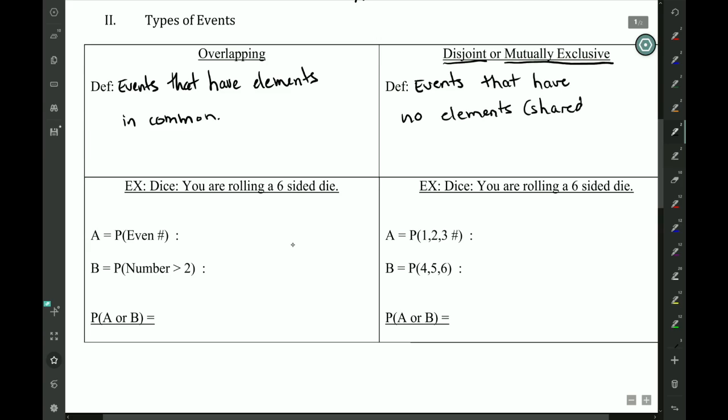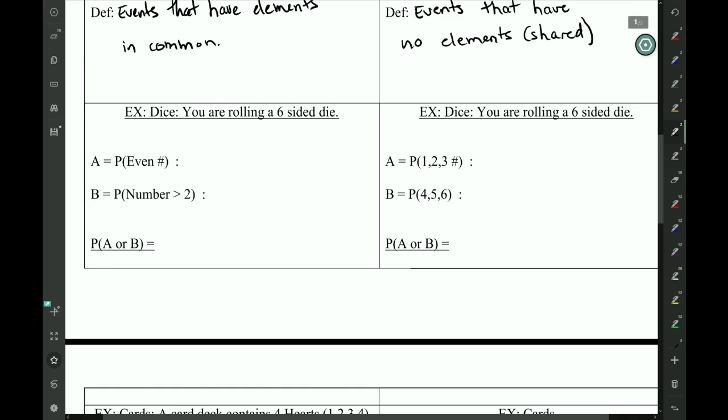So there are a few different ways to look at these. First, let's say you're rolling a die. The probability of getting an even number: there's a total of 6 things on a die. Even numbers, if you think of those as 2, 4, and 6, you know the probability is 1/2 or 3/6. That's the probability of event A. Probability of event B, you have a number greater than 2.